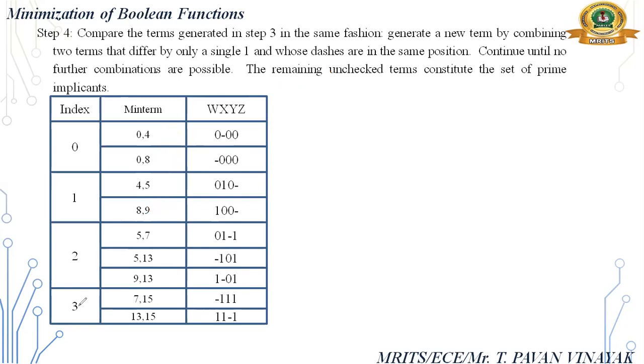Next, 0, 4 is not possible, so we do not put any tick mark. Now 0, 8 with 4, 5. It is okay. Let us check. Dash triple 0. Next 0, 1, 0 dash.